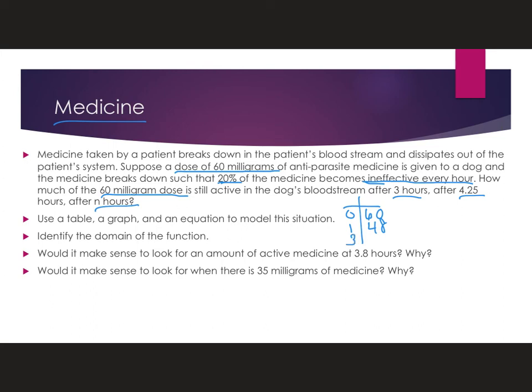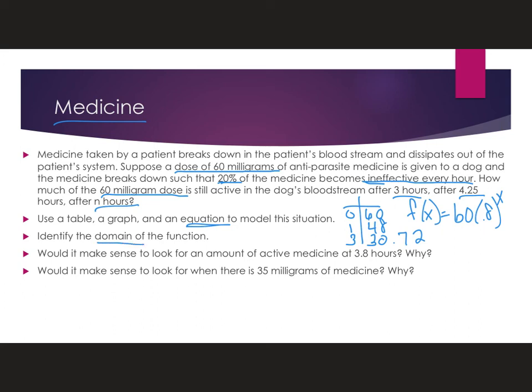After 3 hours, he'll be at 30.72, and so on and so forth. We'll keep multiplying by 0.8. So we can write the equation for this as f of x equals 60 times 0.8 to the x power.